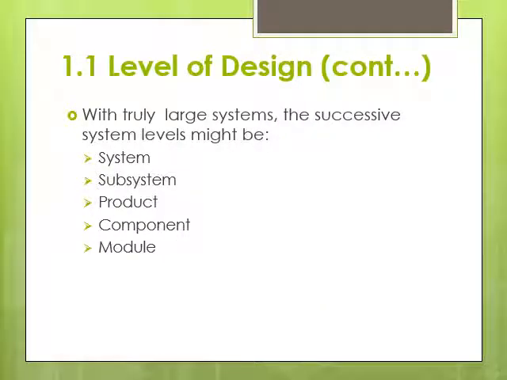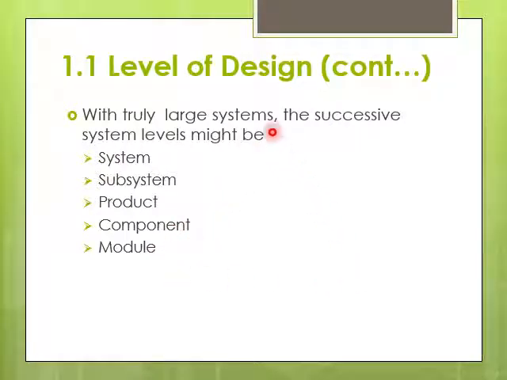With a truly large system, the successive system levels might be the system, the subsystem, the product, component, as well as the module. So this is the structure of a system from the top level up till the module. You will see a triangle shape actually.